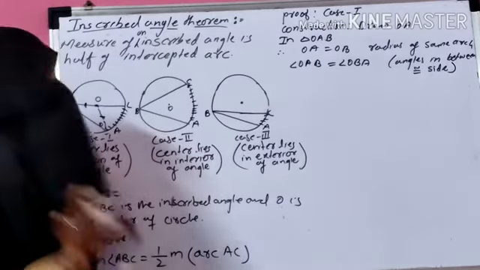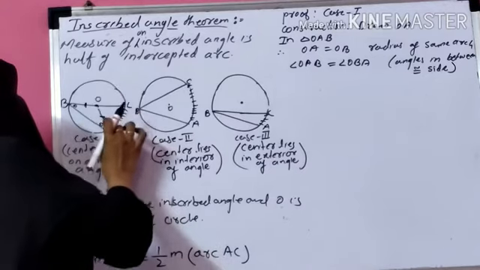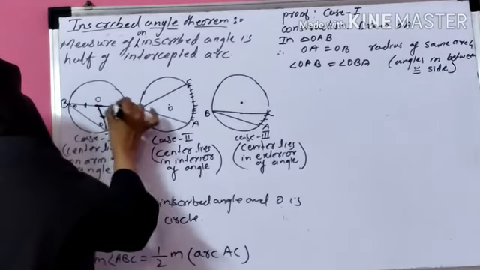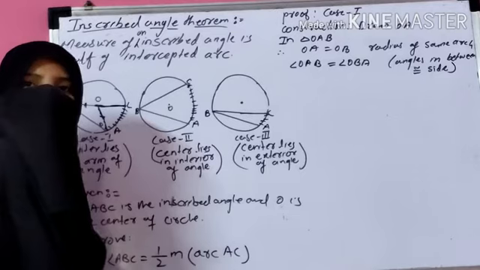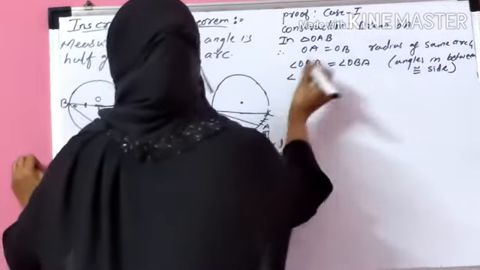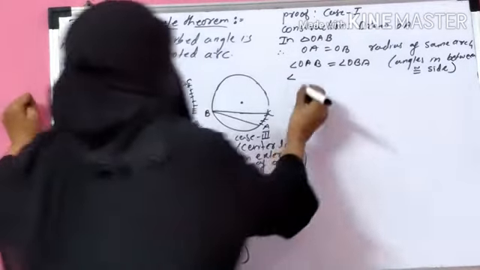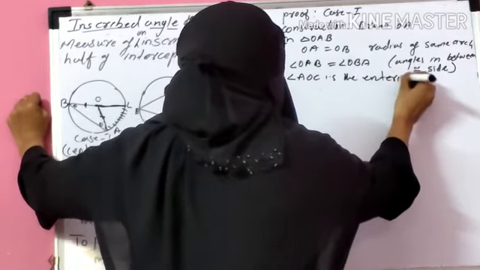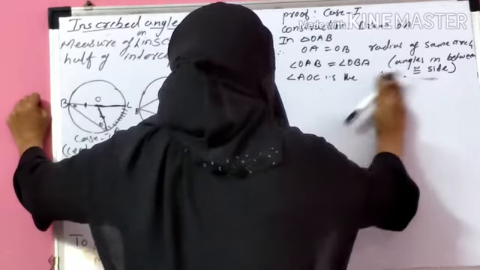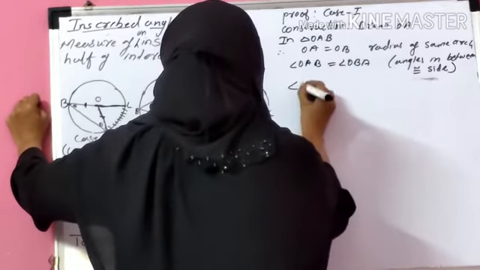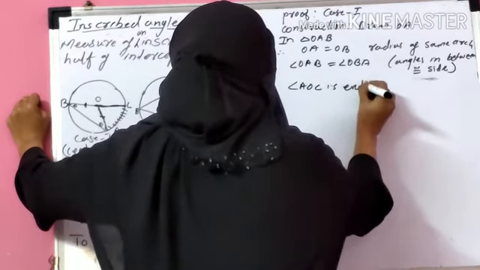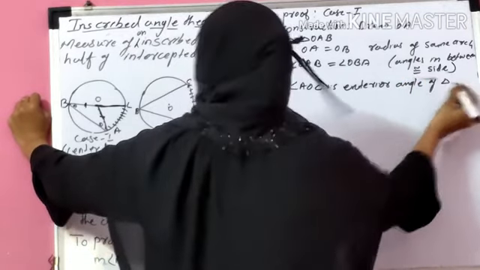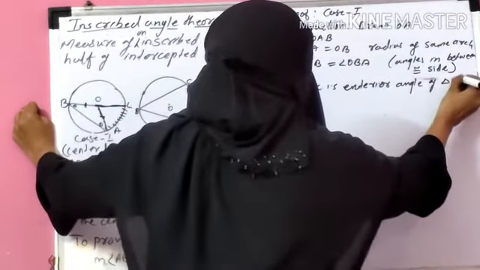Now observe here, this angle AOC is the exterior angle of triangle OAB.